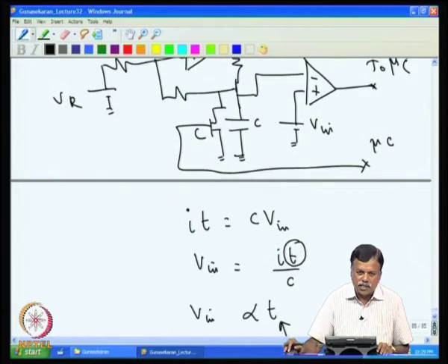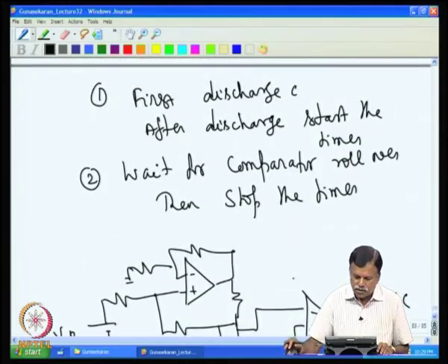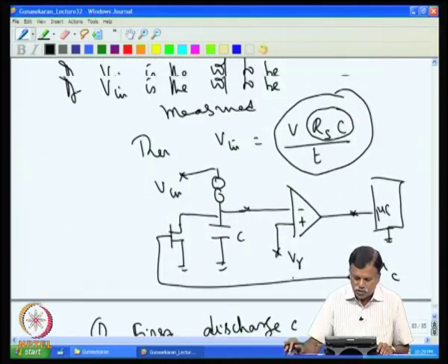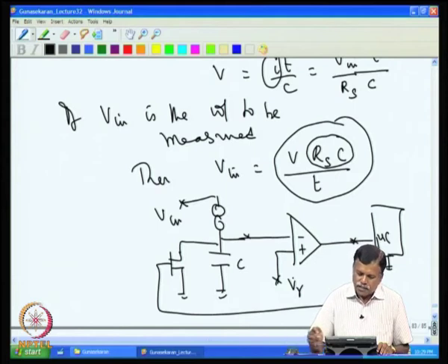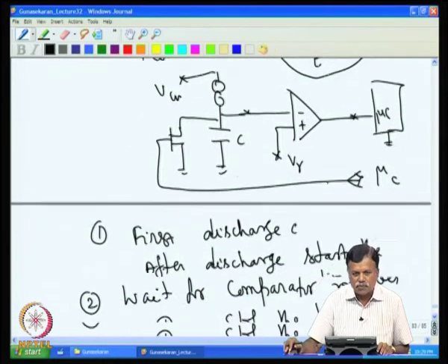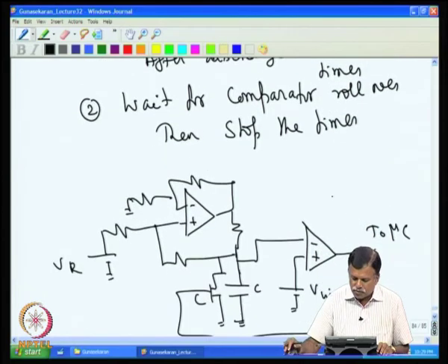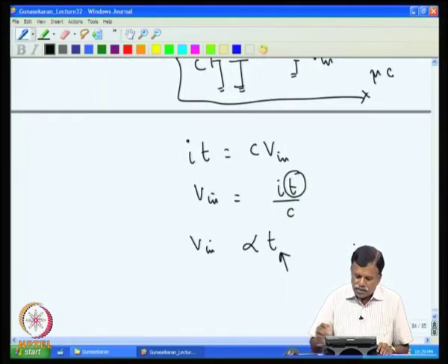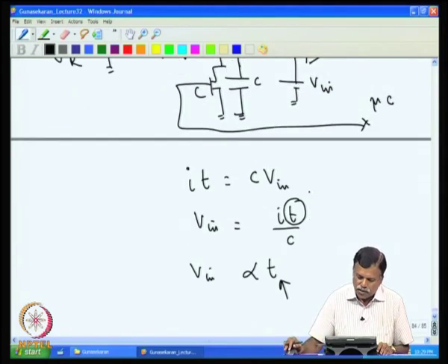Whereas in the earlier method that is not a serious issue, because when V in is small, T has to be large. Of course, this also introduces a problem, but nevertheless most people use this kind of system, that is, the V in proportional to T method.